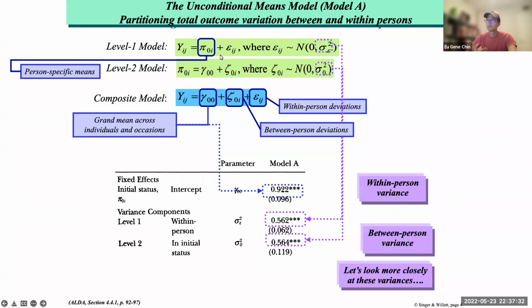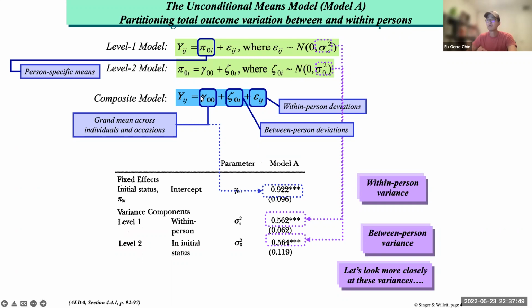If you were to combine the level 1 submodel and the level 2 submodel, substituting these parameter estimates in, what you get is yij, the estimated alcohol use for every person at a particular occasion.